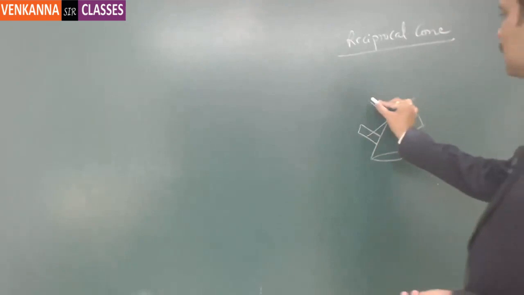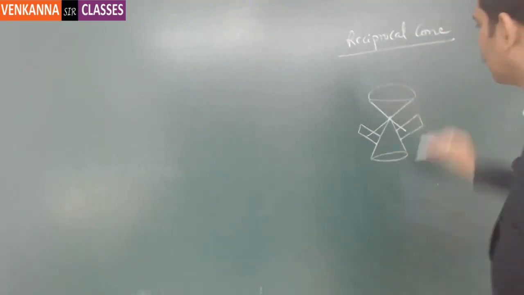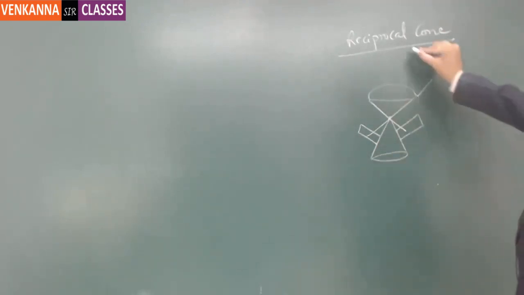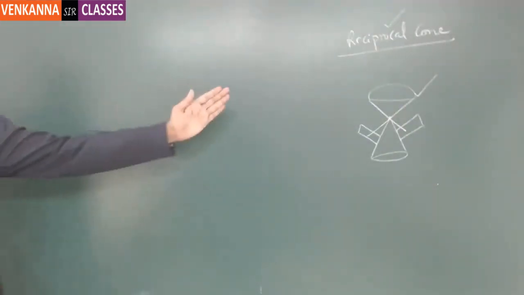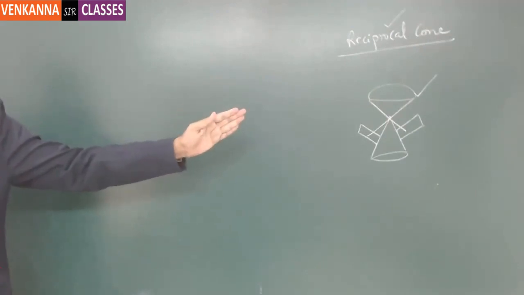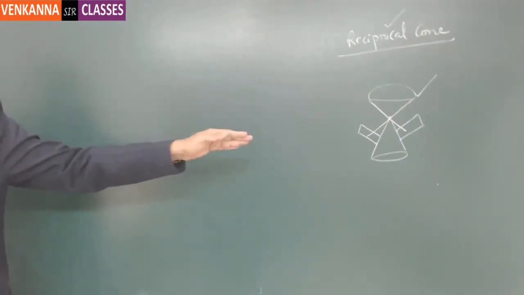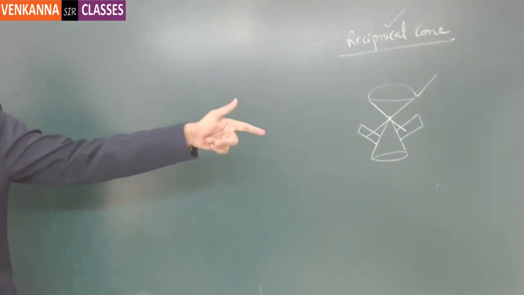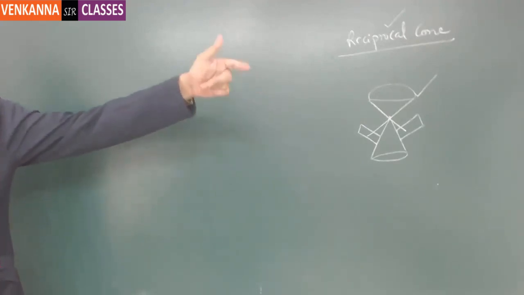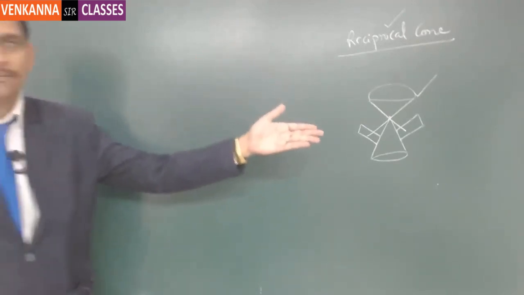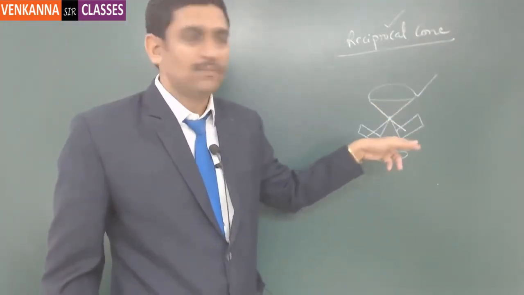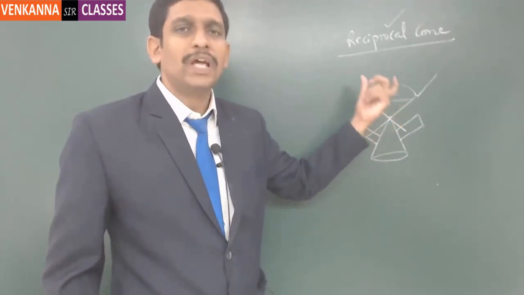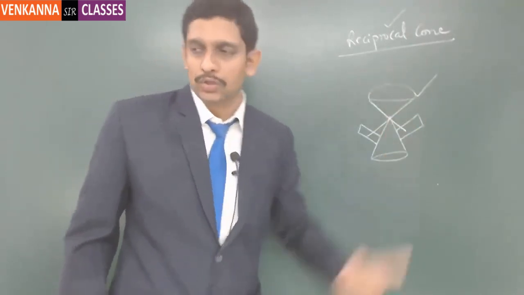So you get the other cone, which we call the reciprocal cone. In other words, the set of normals of the tangent planes of a given cone become the generators of another cone having the same vertex as the given cone. The new cone is called the reciprocal cone.